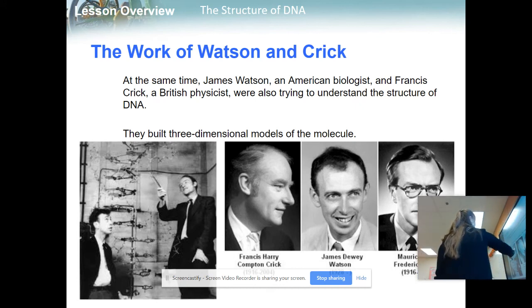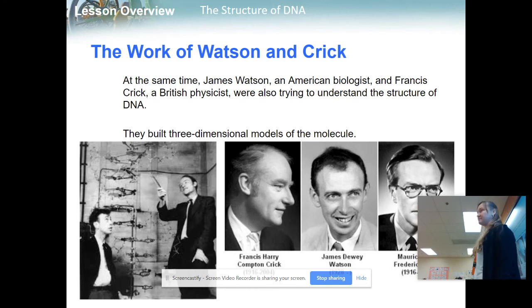But these three men, Crick, Watson, and Wilkins, her partner, wound up with the Nobel Prize for discovering the structure of DNA.